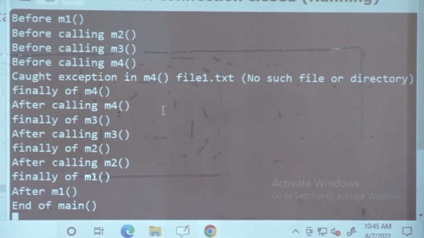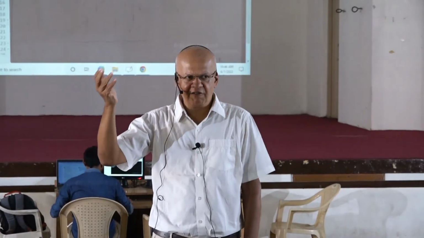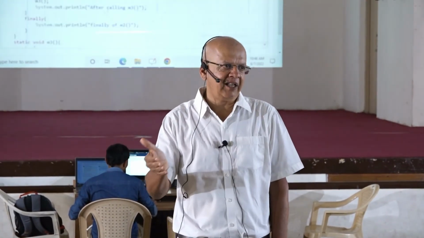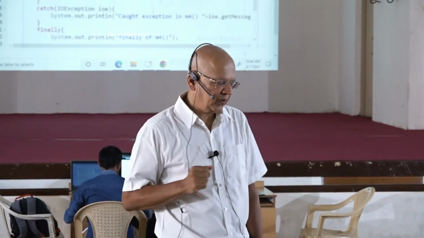It was caught in M4 itself, finally of M4, after calling M4, finally of M3, all the finallys got executed and end of main. Very similar to catching of arithmetic exception. Only thing is the name of the exception that we caught there was division by 0. Here it is file not found, because apparently there is no file called file1.txt. I got that exception.